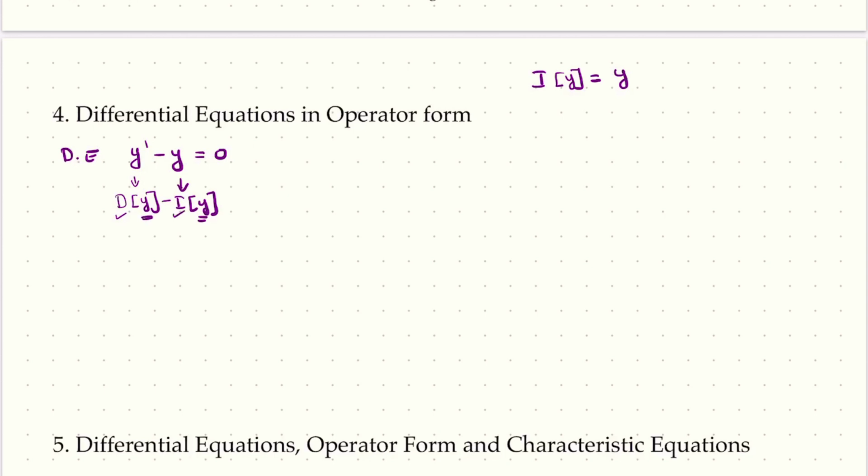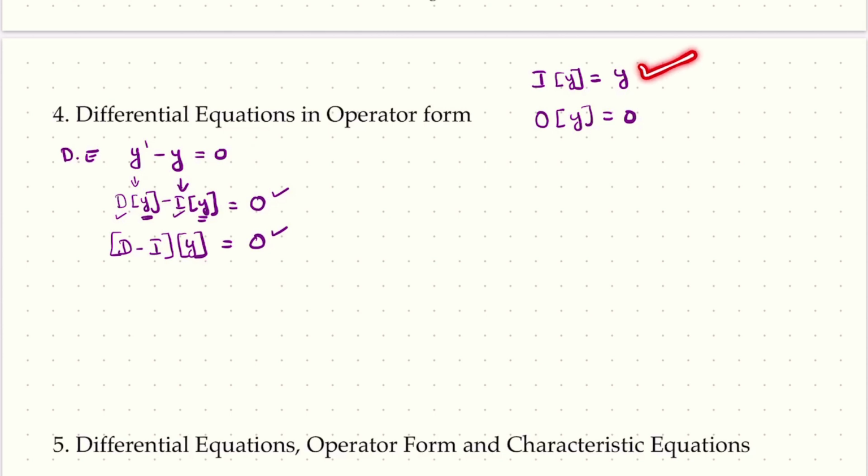So now I can write the following: d minus I of y equals 0. This 0 is no longer a number, it is the function 0. There is also another operator called the 0 operator. O of y is basically 0. That's also a linear operator, by the way.